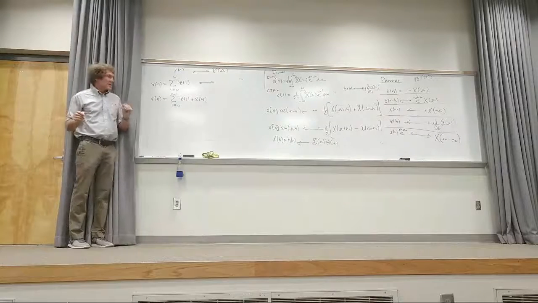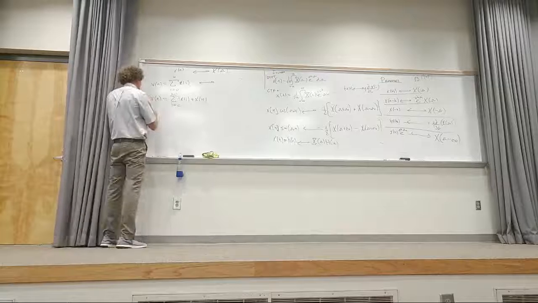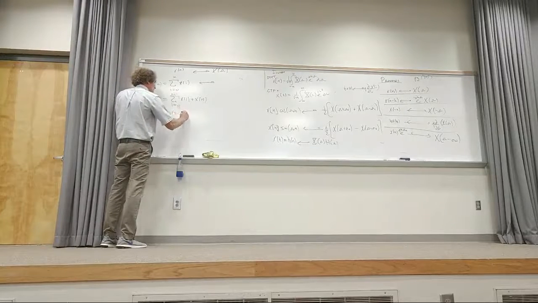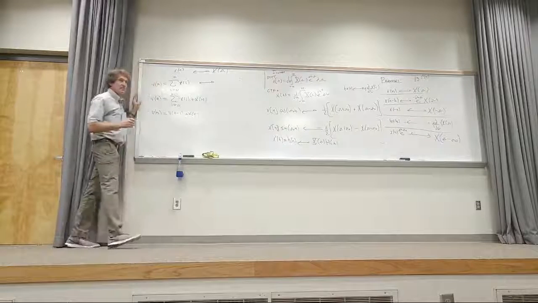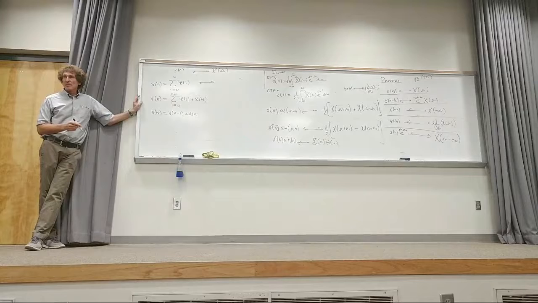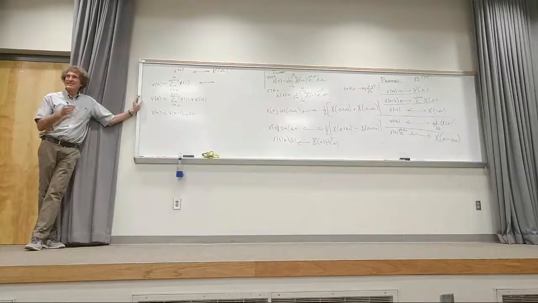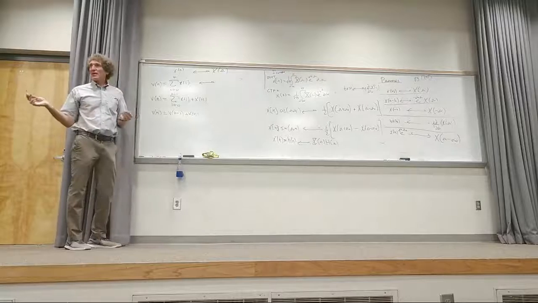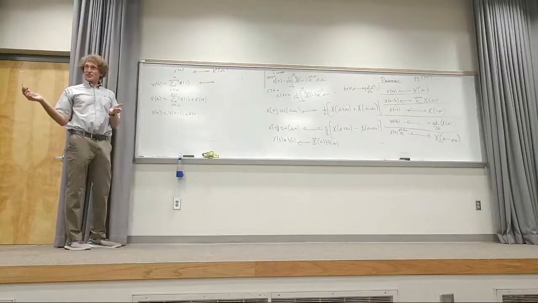Now watch. Isn't this v of n equal to v of n minus 1 plus x of n, isn't it? Convince yourself of that before I continue. Now the next thing I'm going to do is take the transform of that.